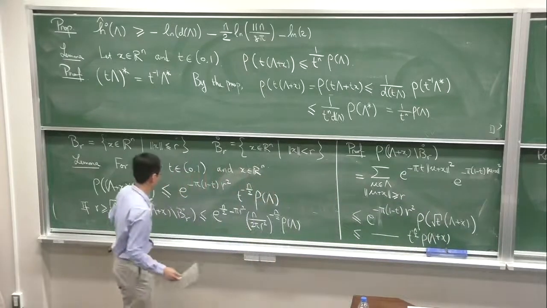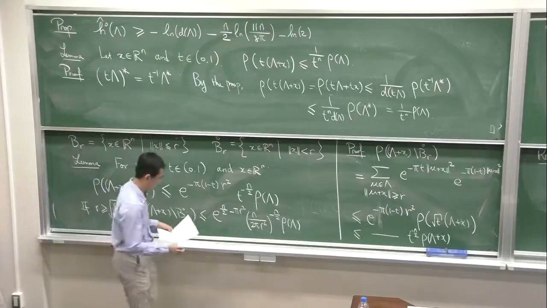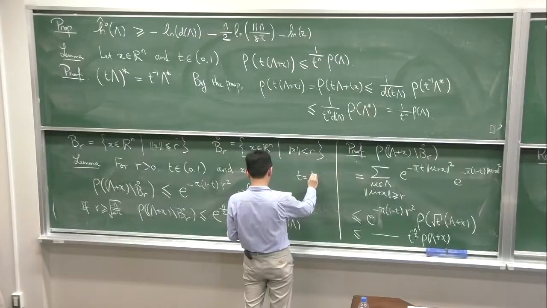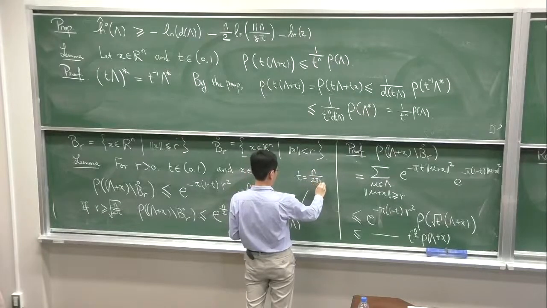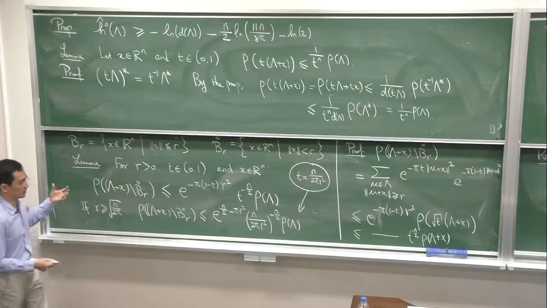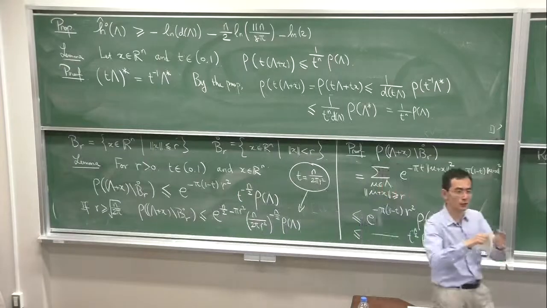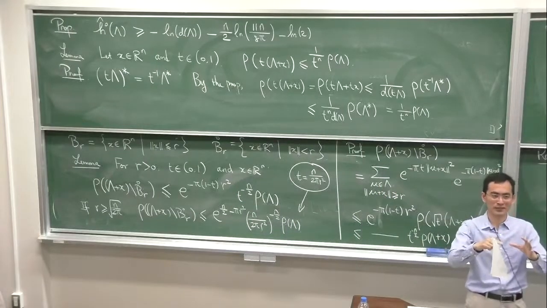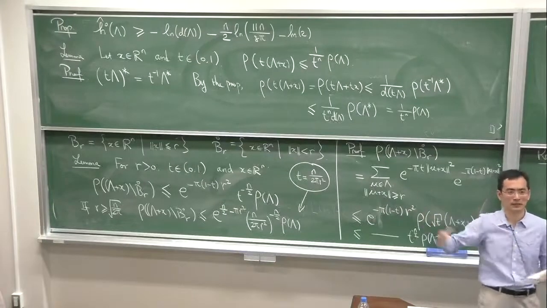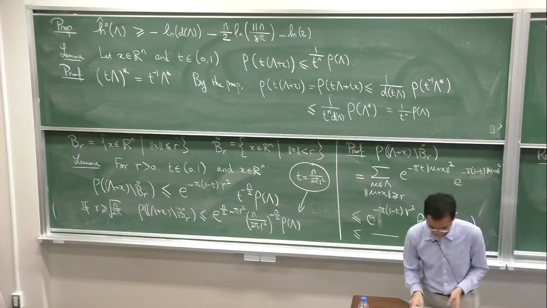So it's just an application. And then here you need to take a special t. So I will give you the solution. Take t equal to n over 2 pi r squared. So it's somehow an optimization procedure to detect the good boundary that you need to cut to distinguish points near 0 or outside. So it's not so complicated.